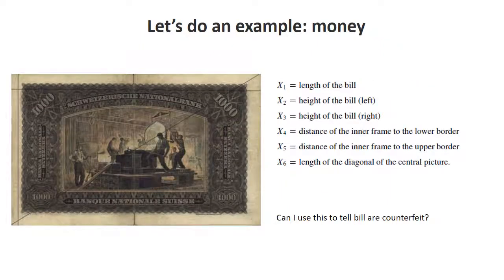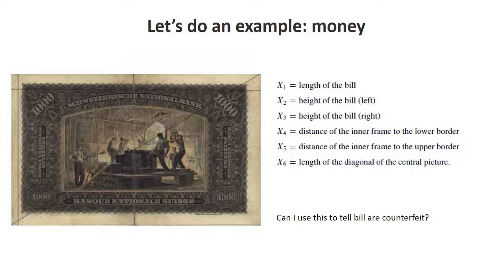So here's a simple example. It's an example out of the Härdle book about Swiss money, and the idea that by measuring certain attributes of this kind of currency, at least in those days, one could detect genuine bills versus counterfeit bills. The way it was done is to take several measurements, such as the length of the bill, height of the bill, distance of frames, etc., length of diagonal.